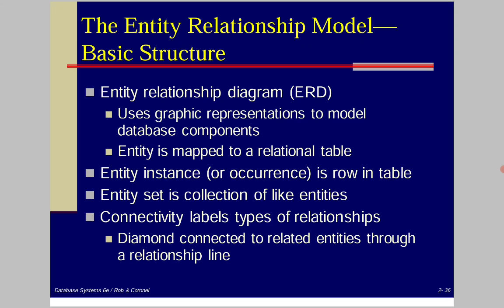ER diagrams are a graphical tool to represent the database model and its components. Each and every entity is mapped to a relational table. Every row in a table is called an instance of a relation.